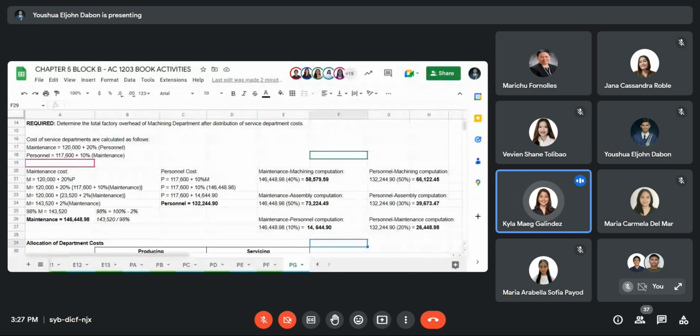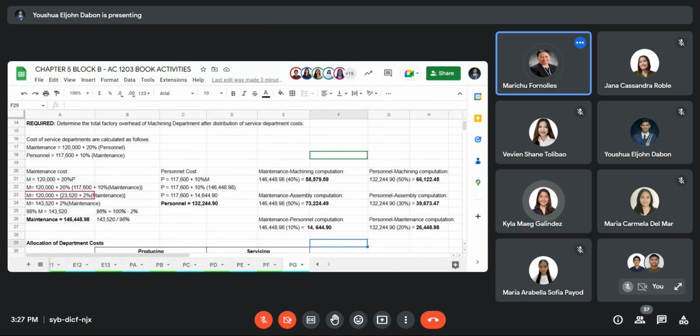So for the maintenance cost computation, first we're going to multiply 20% to 117,600. We get a total of 23,520, and 20% times 10% is equal to 2%.